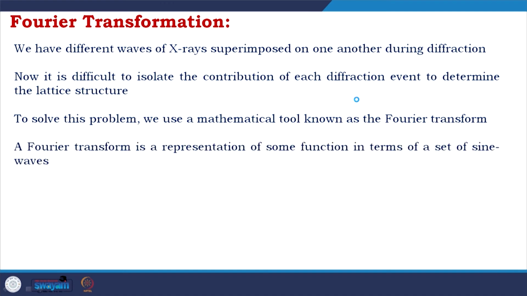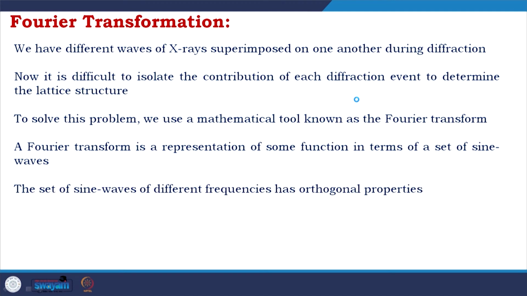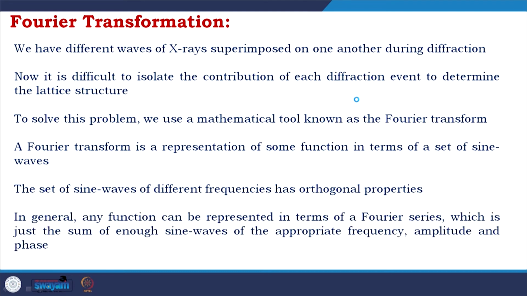A Fourier transform is a representation of some function in terms of a set of sine waves. The set of sine waves of different frequencies has orthogonal properties. In general, any function can be represented in terms of a Fourier series, which is just the sum of enough sine waves of the appropriate frequency, amplitude and phase. That is what you want, right.